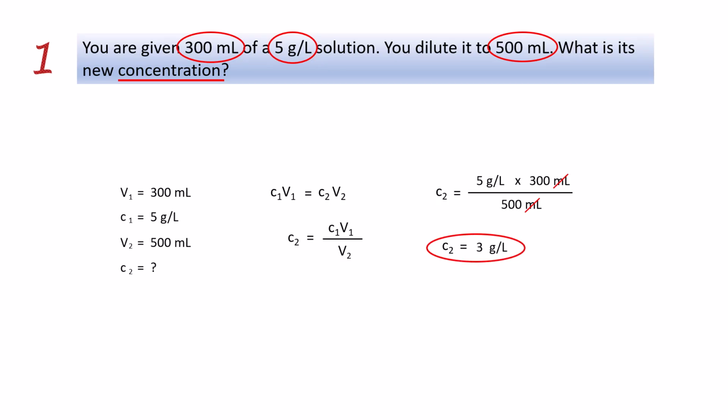I hope you got C2 is equal to 3 grams per liter for your answer.